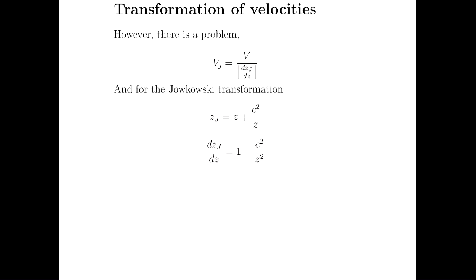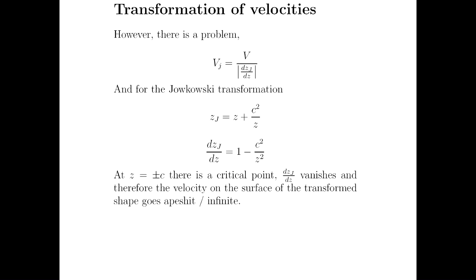Now, there is a bit of a problem though. The problem arises when dz/dZ has 2 critical points. Remember, what are the critical points? z equals plus or minus c.